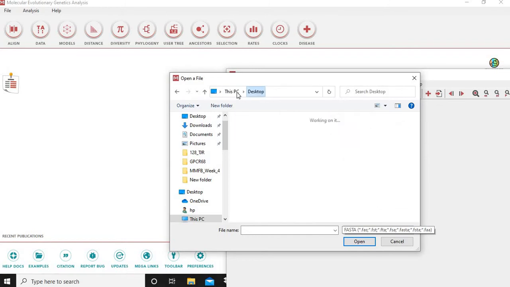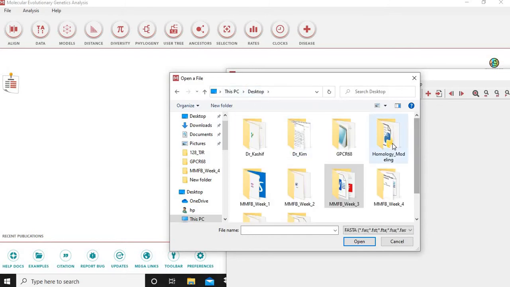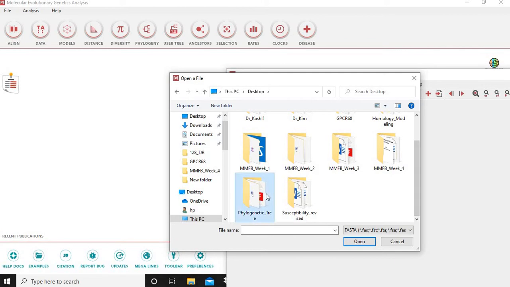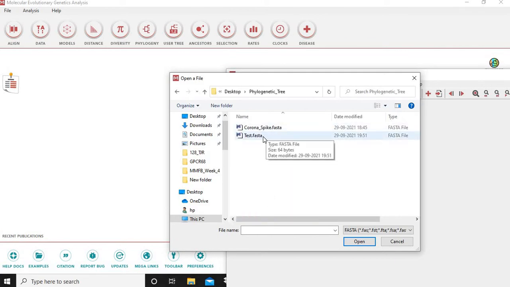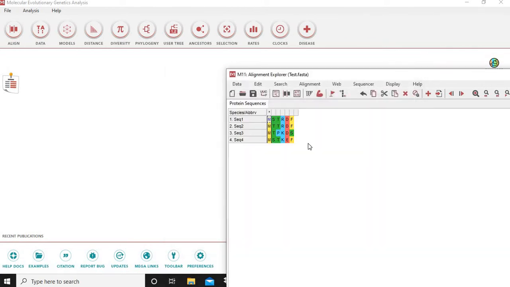So let me go to this phylogenetic tree file, and here I have 4 sequences, and these are actually amino acids. This is a short peptide: seq1 is MSTRDF, seq2 is MTTRDF, seq3 is MTPKDS, seq4 is MSTKEF. So I have a total of 4 sequences.